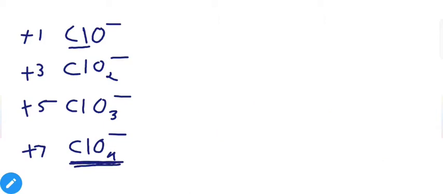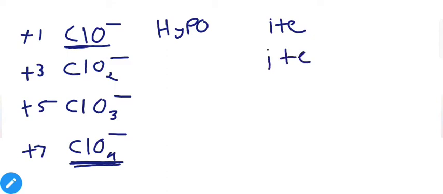So when we have multiple different oxidation states, the lowest oxidation state will use the hypo prefix and the ite suffix. That means this compound will be hypochlorite. Then the next one, which has a higher oxidation state than the previous, uses just the ite suffix, so it is chlorite.